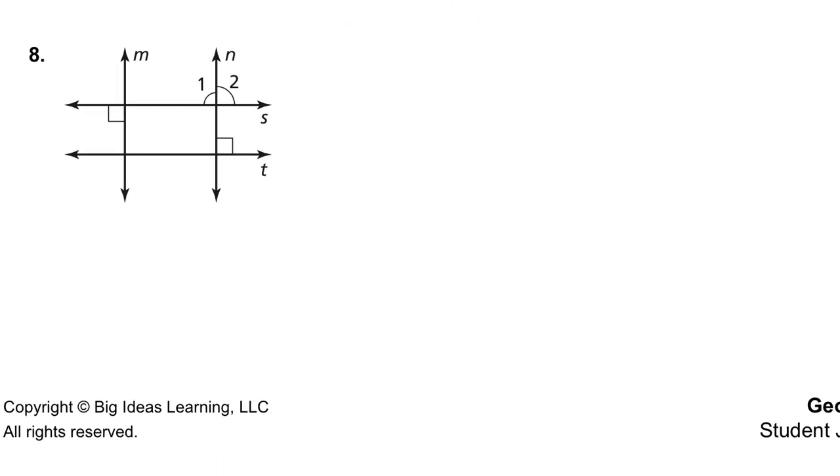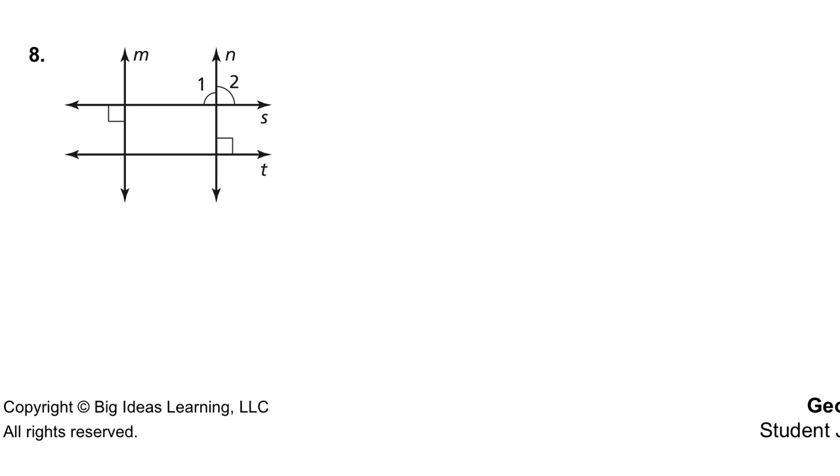Now, number 8, to prove parallel, I have to have some perpendicular intersections, but they have to be on the same transversal, and the two that I have are not on the same transversal. One's on S or M, one's on S or T, but they aren't shared together.